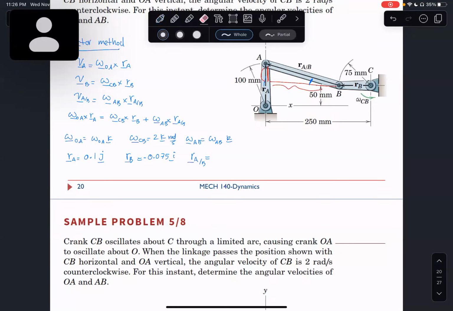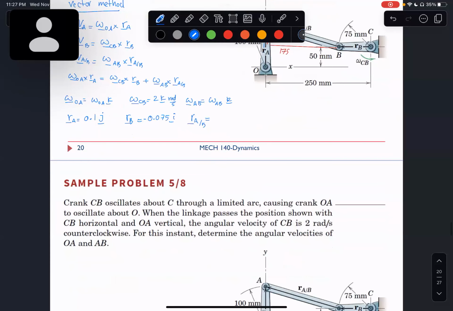You don't really need to do this because you're given the lengths. I know this length is 250 minus 75, so it's 175 millimeters. And this length is 100 minus 50, so that's 50 millimeters. So it's going to be negative 0.175 in the I and plus 0.05 in J, because these are in meters.